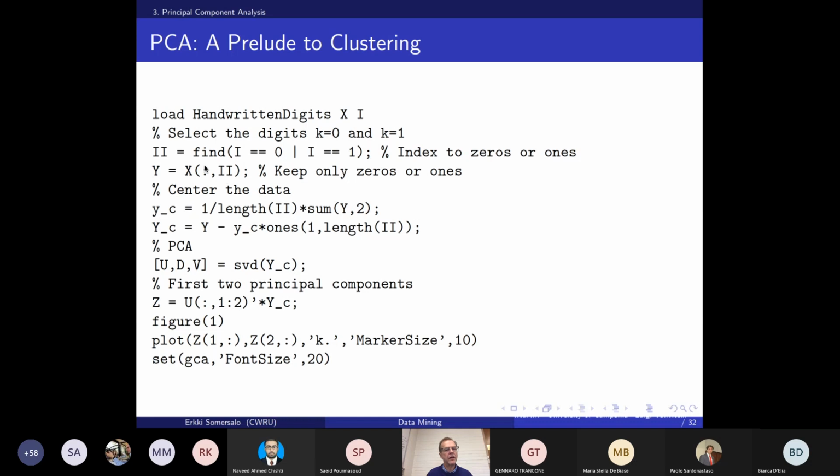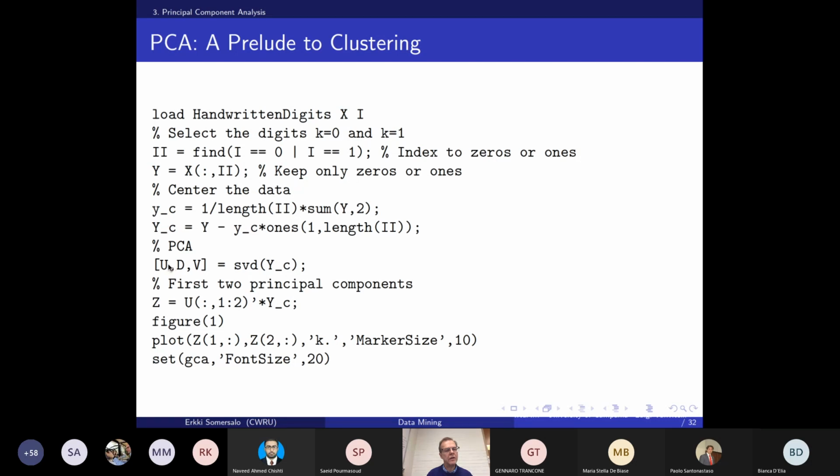So I'm taking all the rows, but only columns that correspond to zeros or ones. So my Y is now my data. And then I'm centering my data here. I'm taking the mean value of my y's and subtracting it. So the yc is now the centered data.